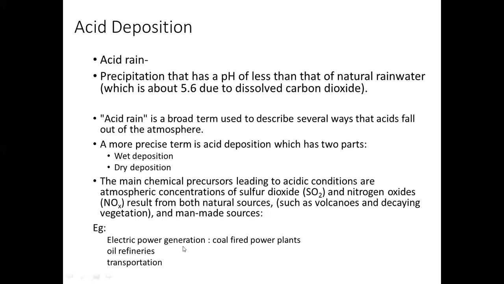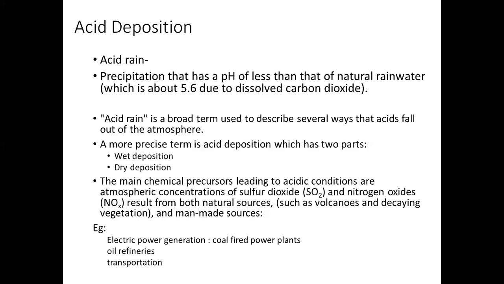Fossil fuel power plants emit SOx and NOx. Sulfur may be available as an impurity, and during the combustion process, thermal NOx and fuel NOx are emitted. So the major culprit is the coal-fired power plants.